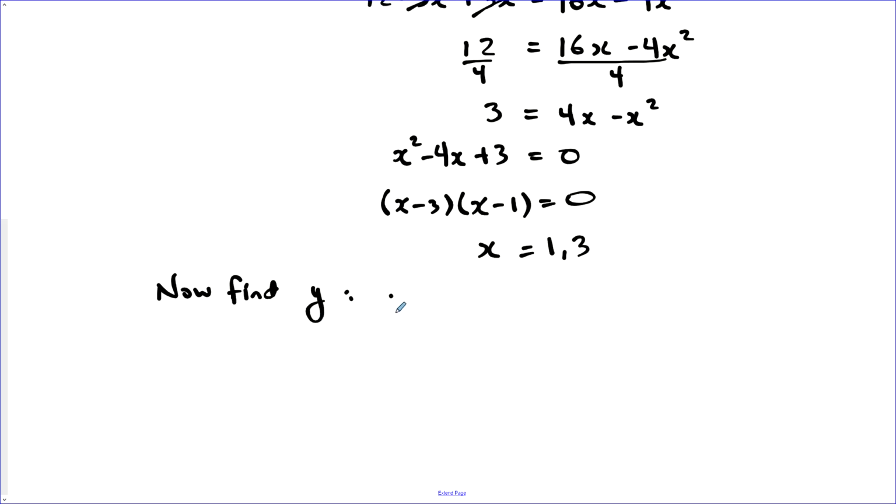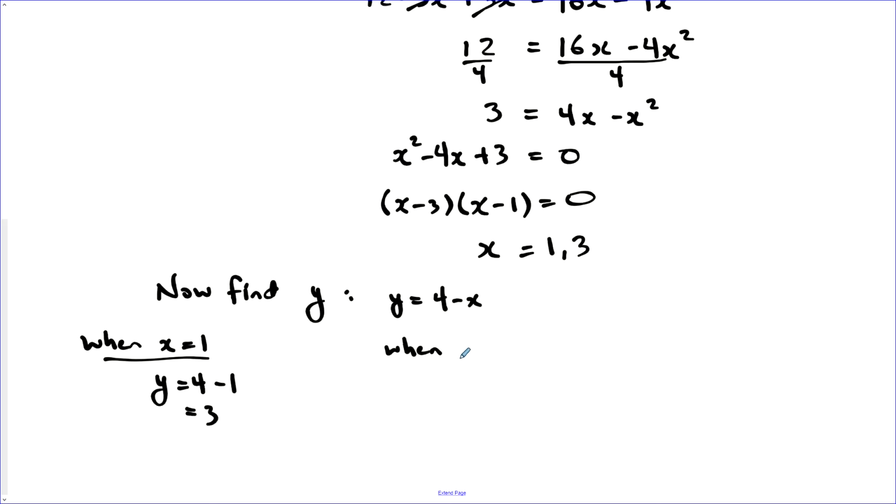Remember, y was 4 minus x. So when x is equal to 1, then y is equal to 4 minus 1, which is 3. And when x is equal to 3, because we had two solutions here, we're finding two values of y. y is equal to 4 minus 3, which is 1.